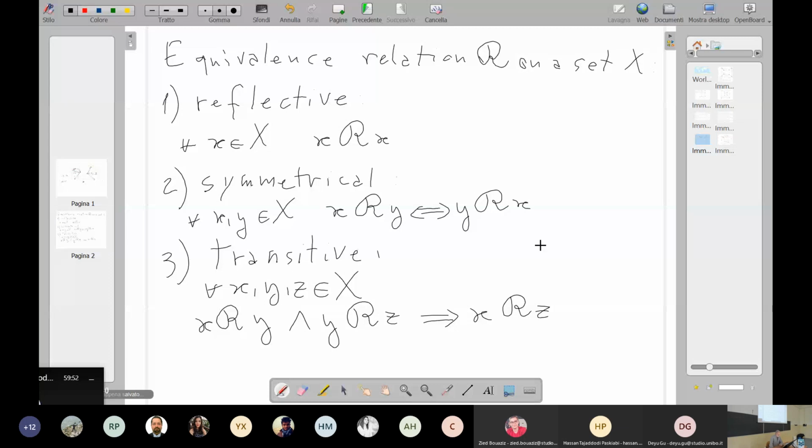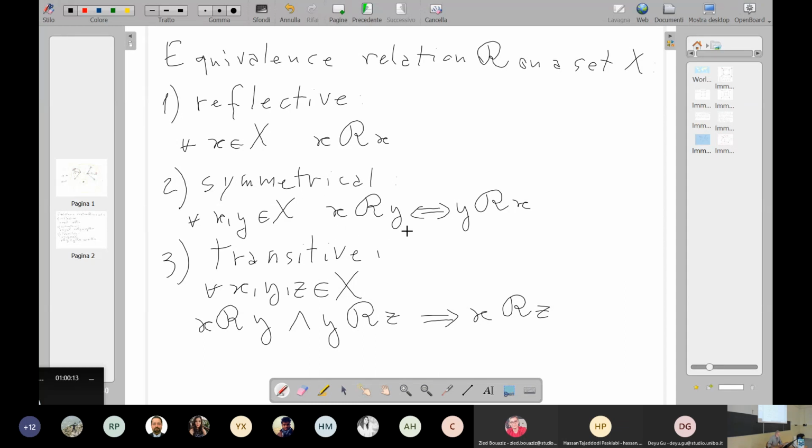Here it is a totally symmetrical relation, meaning that if vertex x is adjacent to vertex y, then y is adjacent to vertex x, okay? And so you can actually reverse a path.